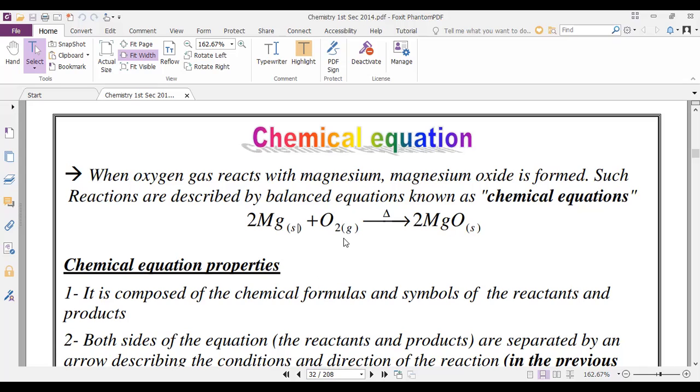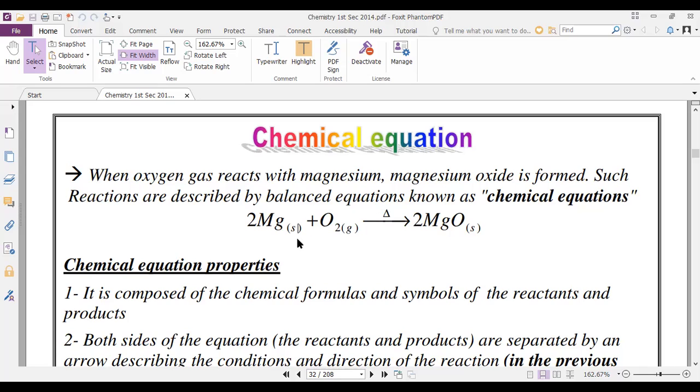Plus O2, G. G represents gas, to produce 2MgO, solid. So when you write any chemical equation, you must put these symbols below the chemical formula.